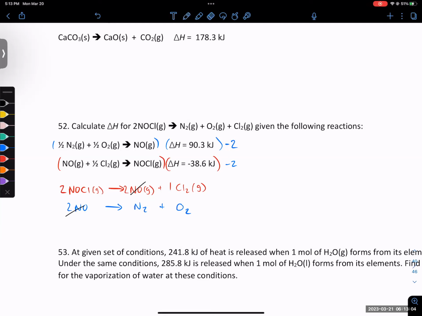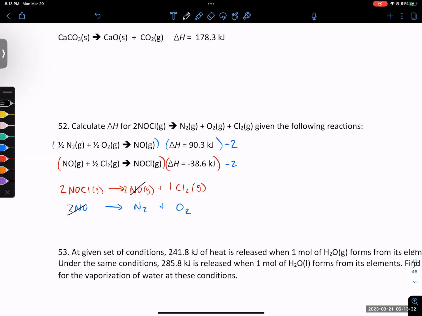It's important to note that if we had 1 NO there and 2 NOs there, you can't cancel out the NOs like we did here. You would be able to cancel out one of the nitrogen monoxides, and you would still be left with 1 on the right side, right? So it's important that you recognize that you have to multiply this one by 2, so that way you get that proper canceling out.